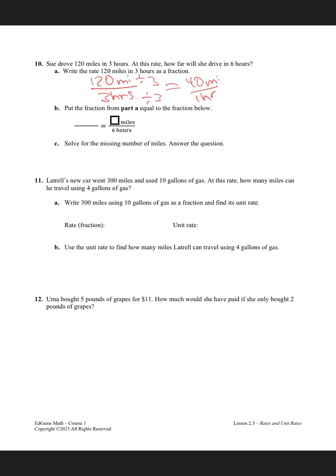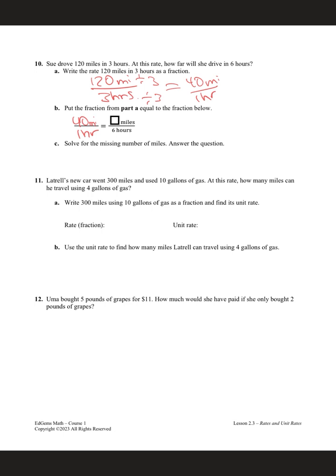So for part B, it says put the fraction from part A equal to the fraction below. So it's going to be 40 miles in 1 hour. And then for part C, it says solve for the missing number of miles and answer the question. So we're going to take what we wrote in part B and move it down to part C and solve it.